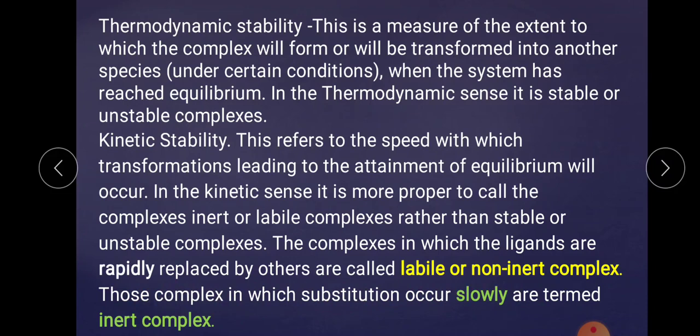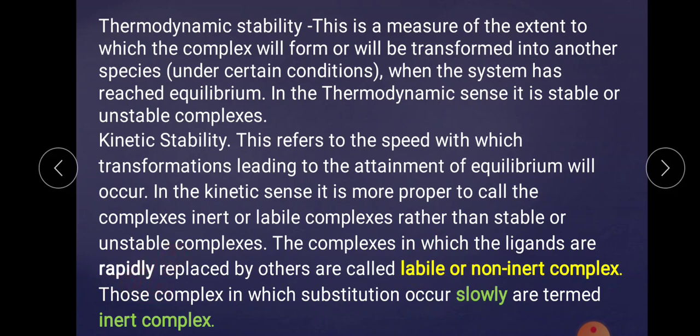Just the term has changed. In thermodynamic stability, the complex is either thermodynamically stable or unstable. But in kinetic stability, these terms are not considered. New words have been introduced, labile and inert complex.